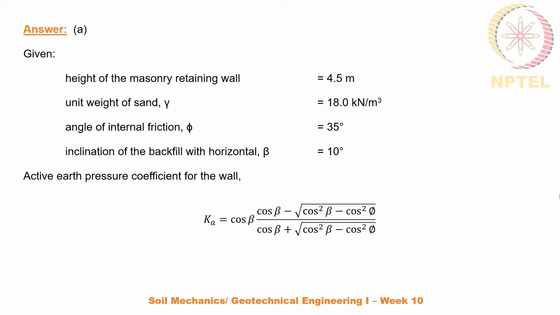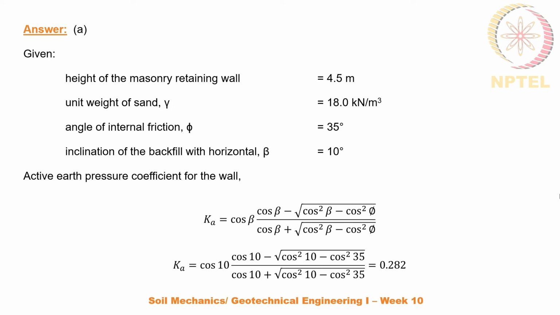Here beta and phi are given in the question. Substituting, we have cos 10 into (cos 10 minus square root of cos square 10 minus cos square 35) by (cos 10 plus square root of cos square 10 minus cos square 35), which is equal to 0.282, that is option A. Hope it is clear till this question.